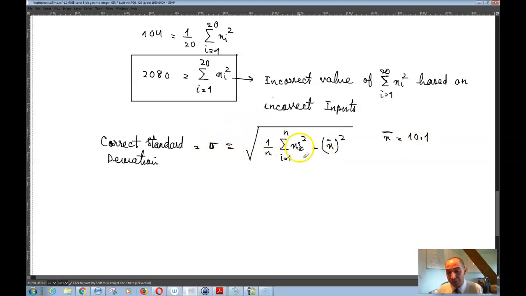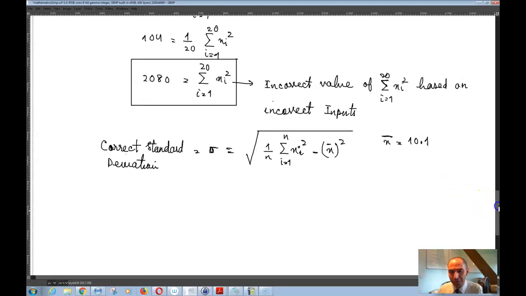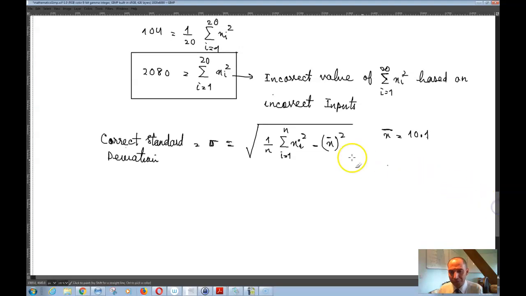The only thing that I need to calculate is sigma x of I squared, and that is possible if I take the value of sigma x of I squared as I goes from 1 to 20, which was equal to 2080.